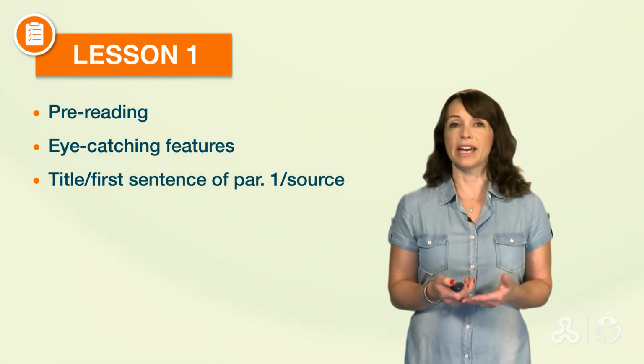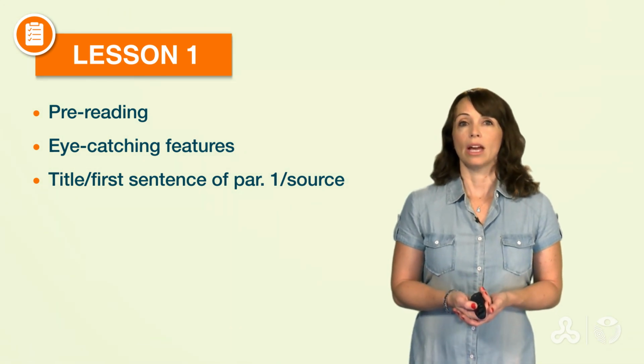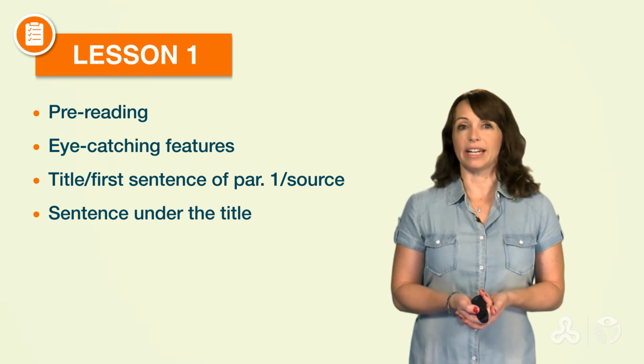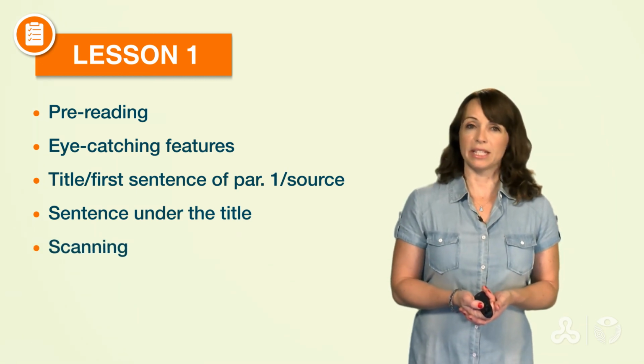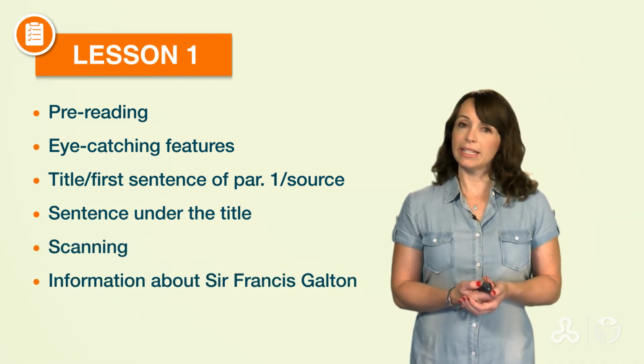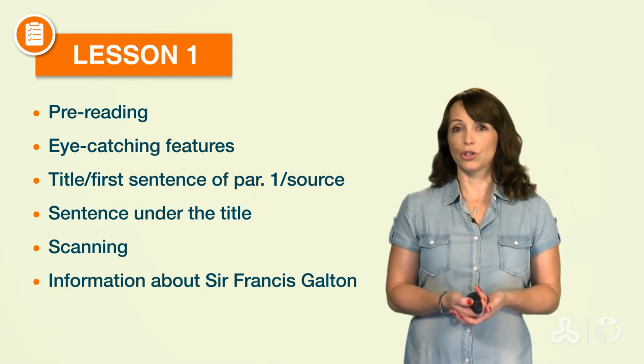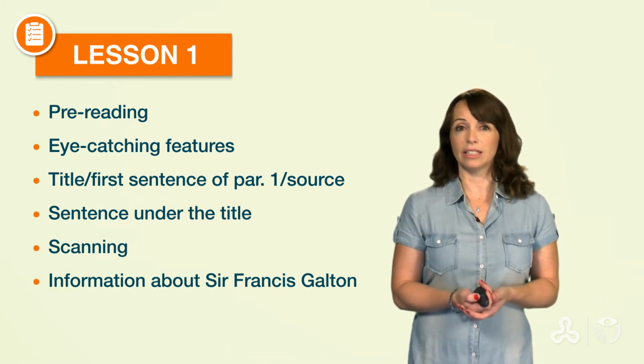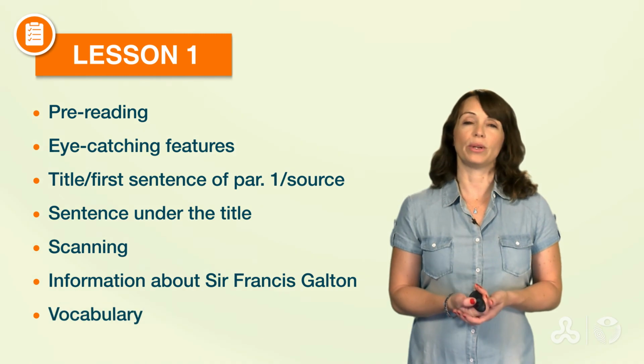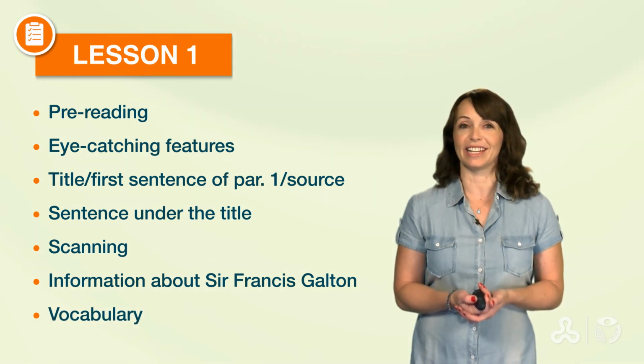Okay, where the text comes from. We're going to look at the sentence under the title. We're going to do some scanning. We're going to see some information about Sir Francis Galton, and we're going to focus on vocabulary. All this in our first lesson.